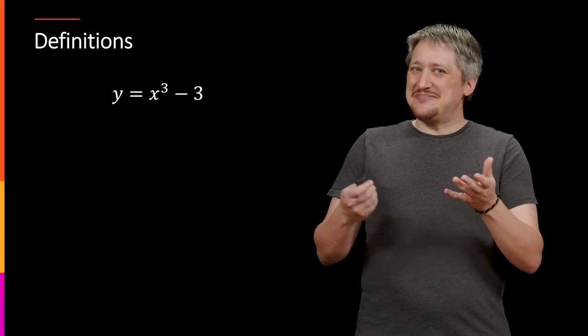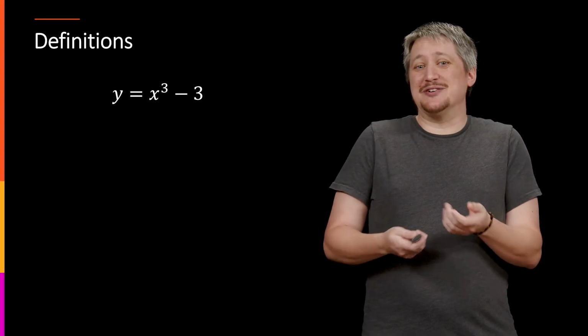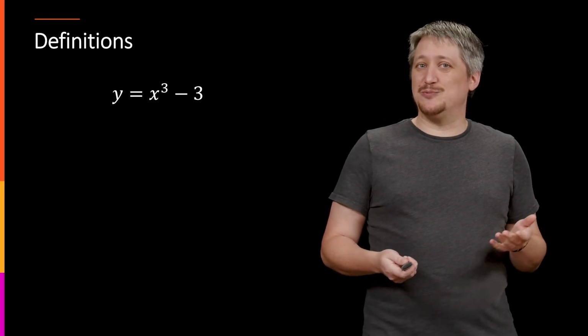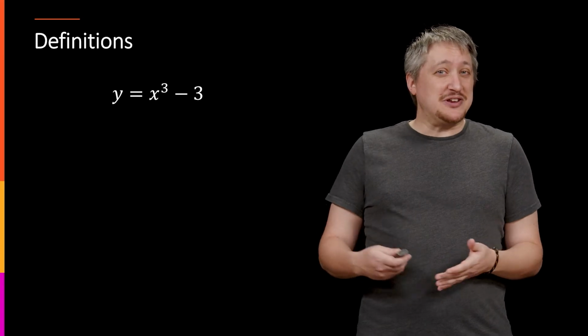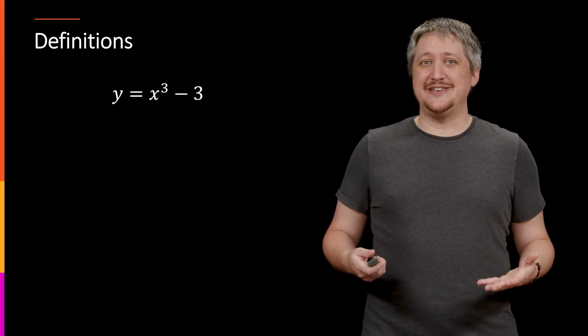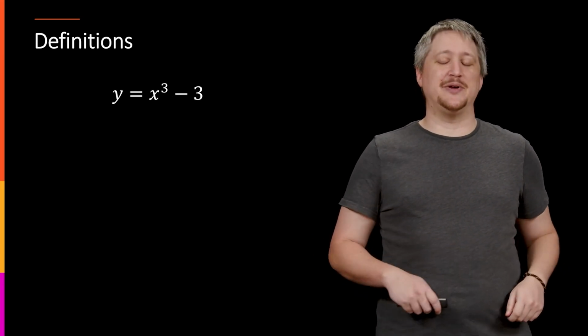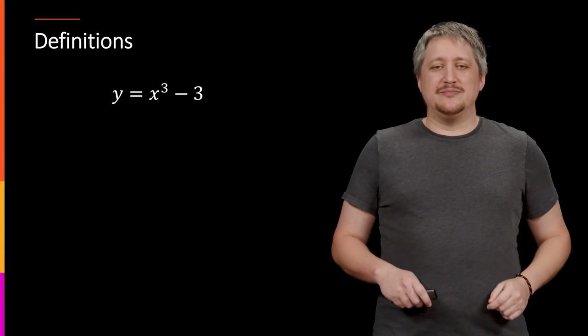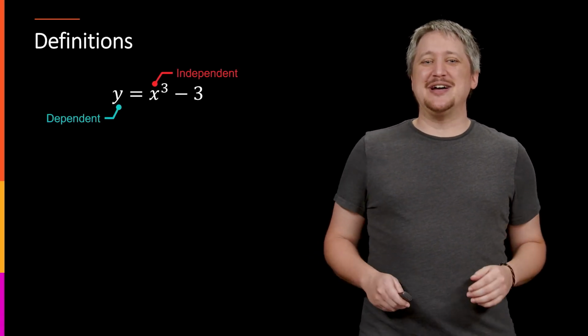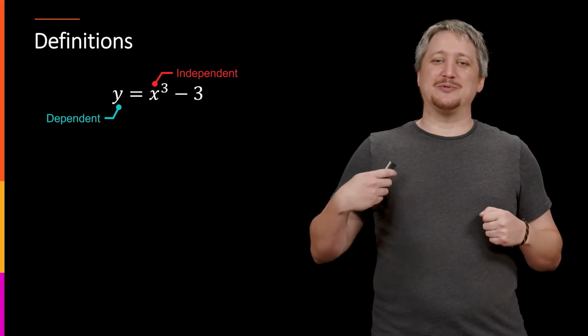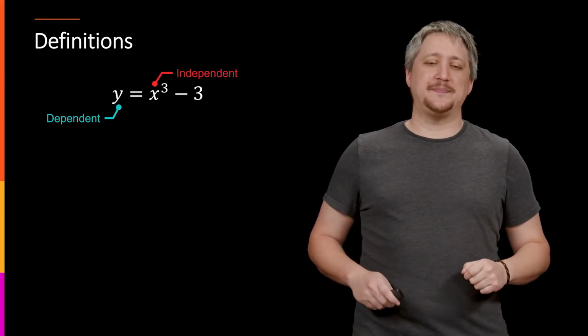Now, if I just gave you this, remember, we don't necessarily know what is the input and what is the output, right? By default, we would expect the y to be the output, the dependent variable, the x to be the independent variable, but I'm crafty and mean, so maybe I would reverse those just to be spiteful. But for the sake of this video, we're indeed going to go with y being dependent, x being independent, right? So we're putting in the x value, getting out the y value.